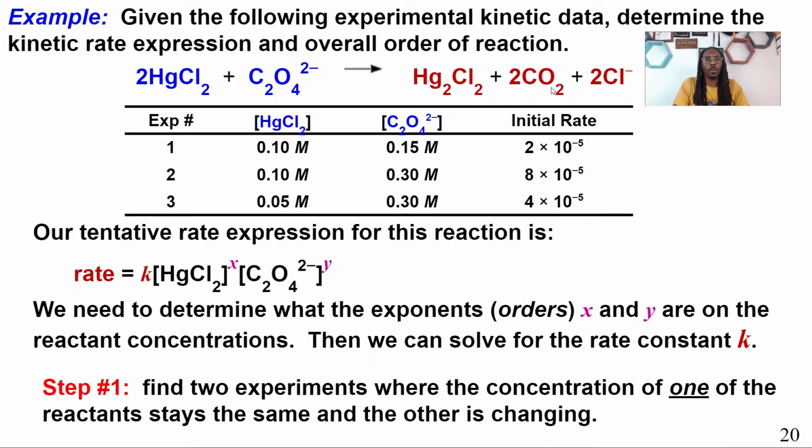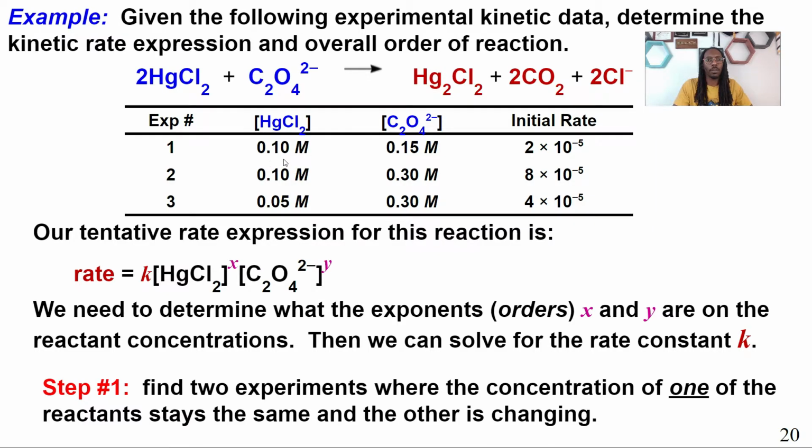Okay, and we got our reaction here. We have mercury(II) chloride with the oxalate ion forming mercury(I) chloride, carbon dioxide, and chlorine. For instance, we did 3 experiments, and in each experiment we change how much reactant we use.